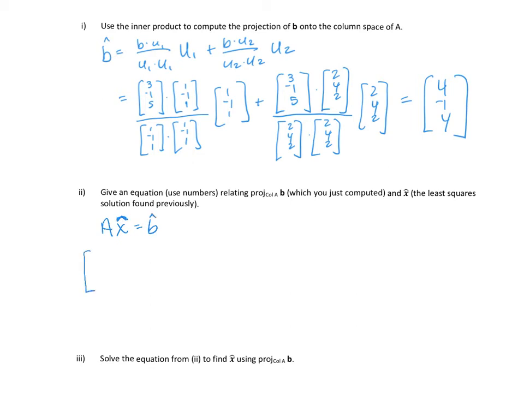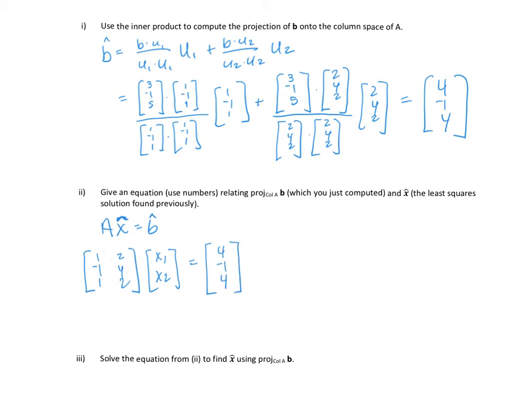So A, 1, -1, 1, 2, 4, 2, times x hat, which is x1, x2, equals B hat, 4, -1, 4.